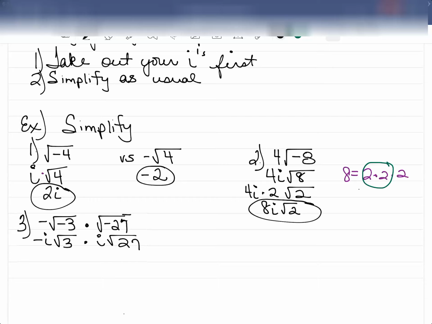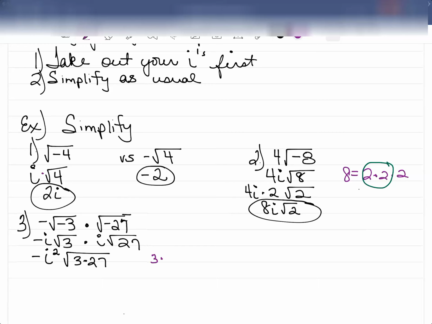Now, outside stuff, multiply outside, inside, multiply inside, because our indexes match. So negative i times an i is a negative i squared. Then inside I'll have 3 times 27. And I'm not too worried about multiplying that because it's a square root, I'm thinking, how can I clean it up?